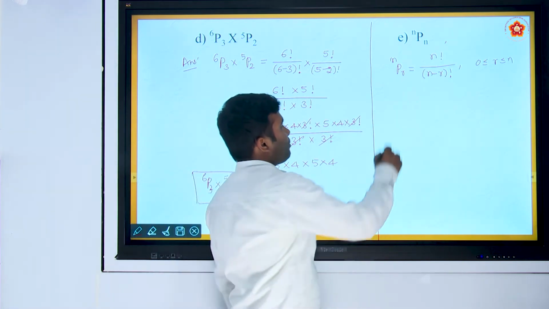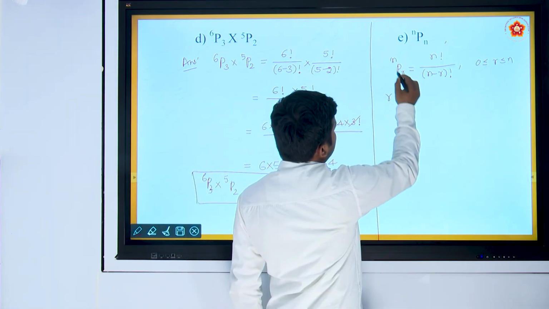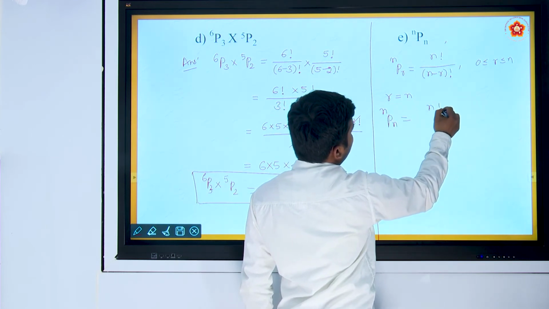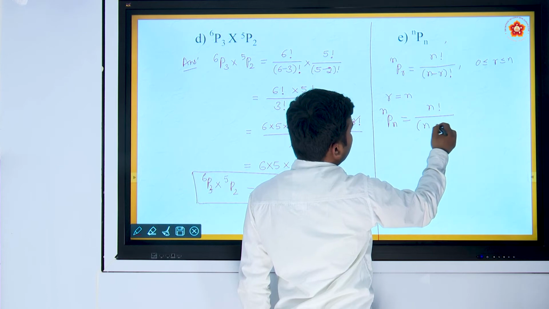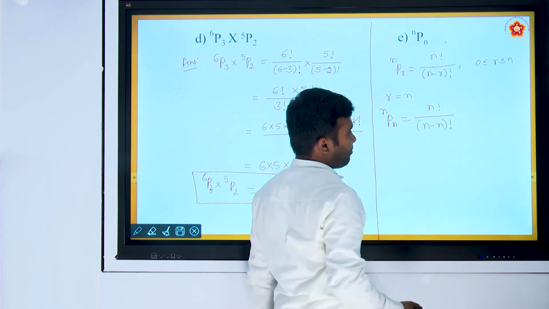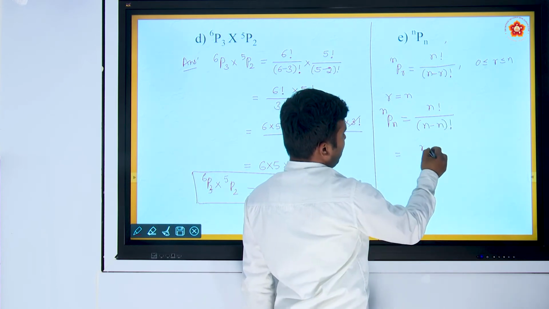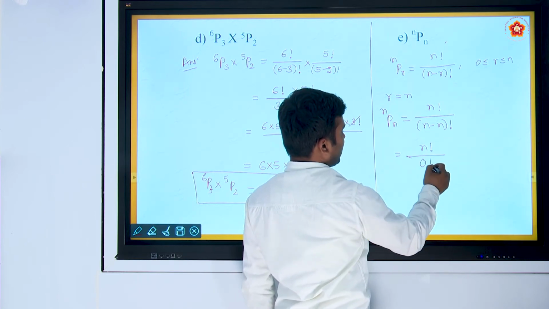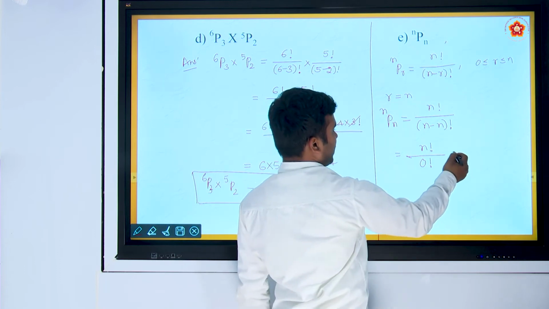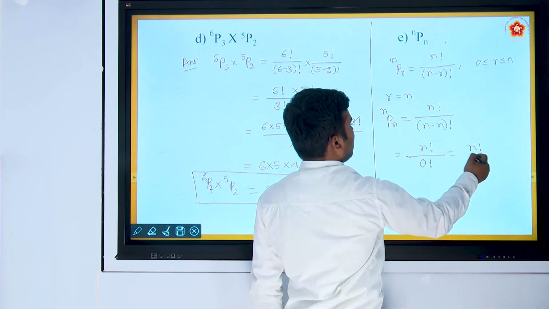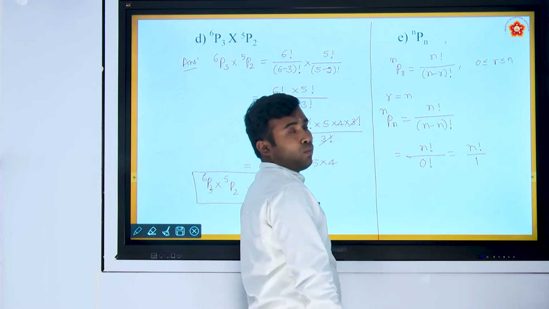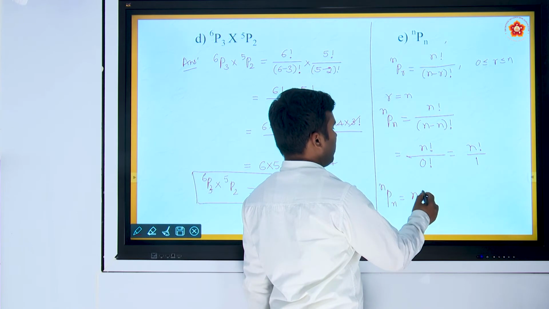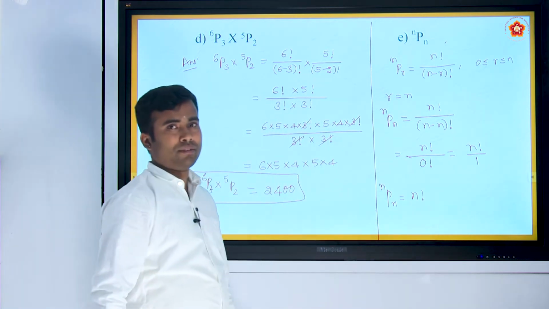So if r equals n, nPn is equal to n factorial divided by (n minus n) factorial, which is n factorial divided by 0 factorial. As we know that 0 factorial is 1, therefore the value of nPn will be equal to n factorial.